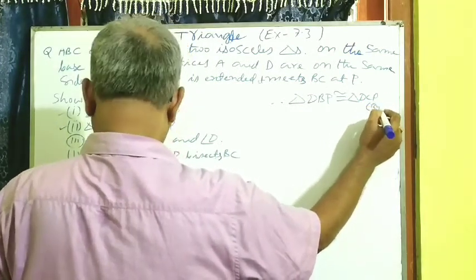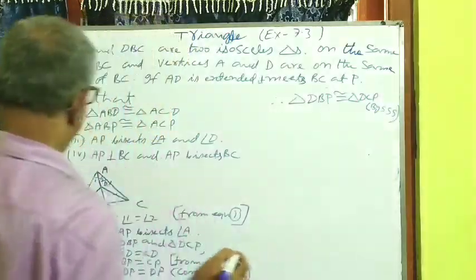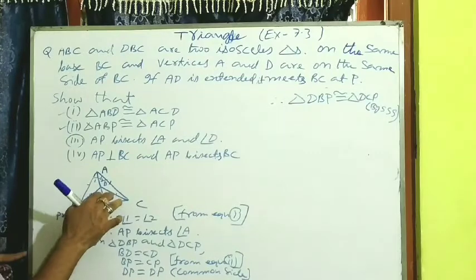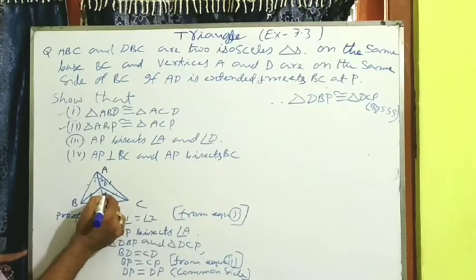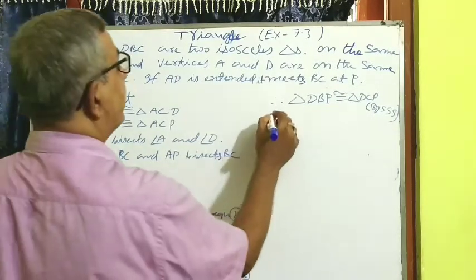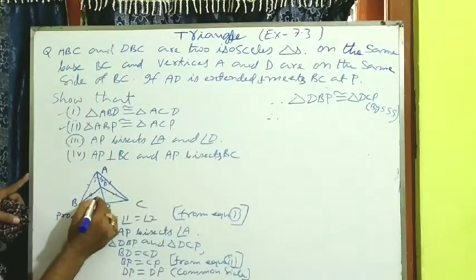By SSS. If these two triangles are congruent, this angle is equal to this angle. What will be the name of this angle? BDP. What will be the name of this angle? CDP.